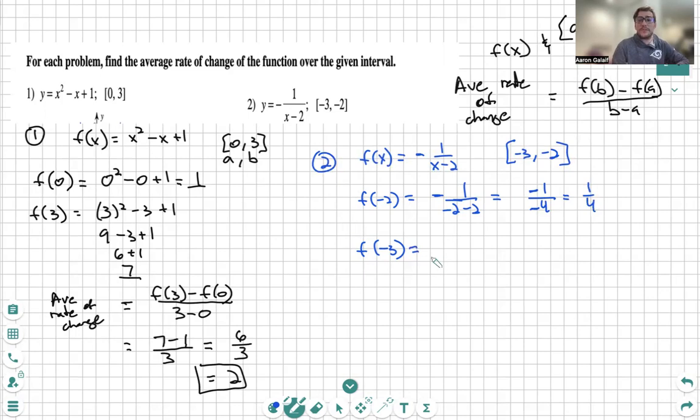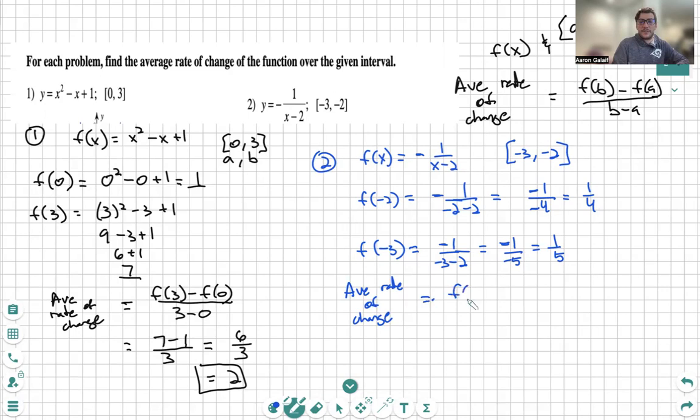Same thing we're going to do with the f of negative 3. We're going to plug in negative 3 for x and solve. Negative 1 over negative 5, we see 1/5. Now we're going to find our average rate by plugging into our equation.